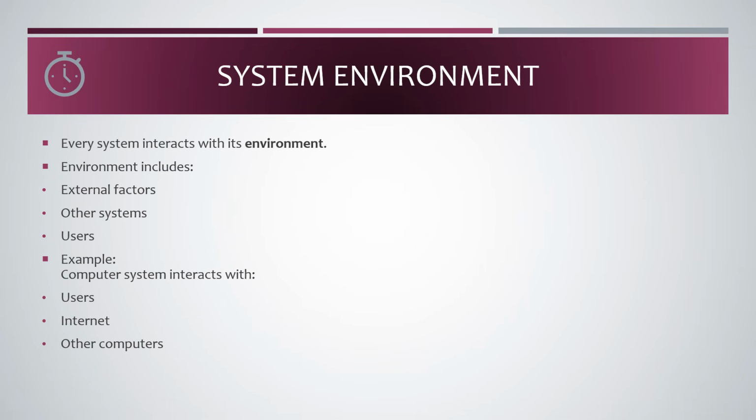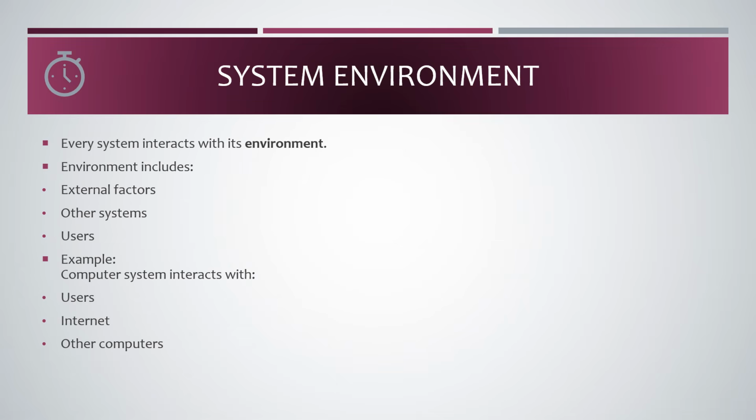Now we are going to talk about the system environment. Every system interacts with its environment, and an environment includes external factors such as other systems which are interacting with our system, and some other external factors such as users. For example, if a user is using a system, then the user is not actually part of the system.